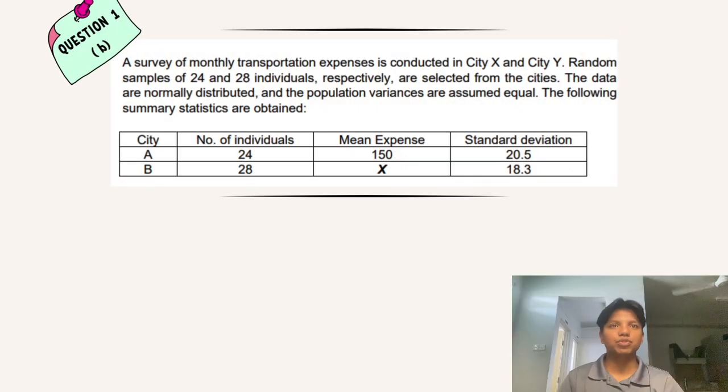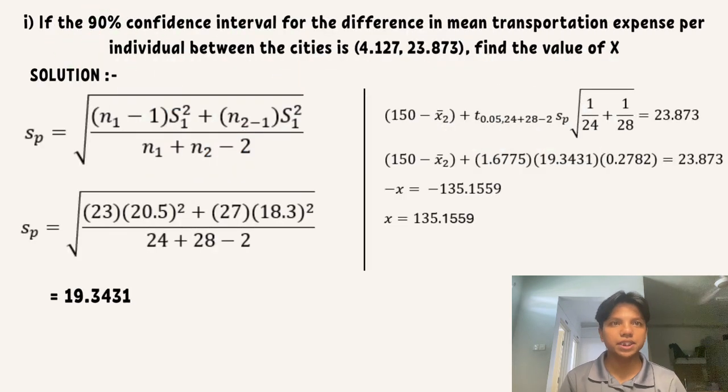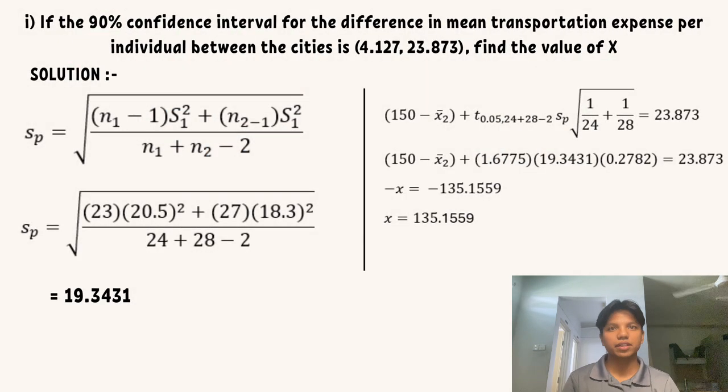Now, let's move to part B, Roman 1. We are comparing average transportation expense between two cities, A and B. City A has 24 people with a mean of 150 ringgit and standard deviation of 20 ringgit 50 cents. City B has 28 people, standard deviation of 18 ringgit and 30 cents, but the mean is unknown.